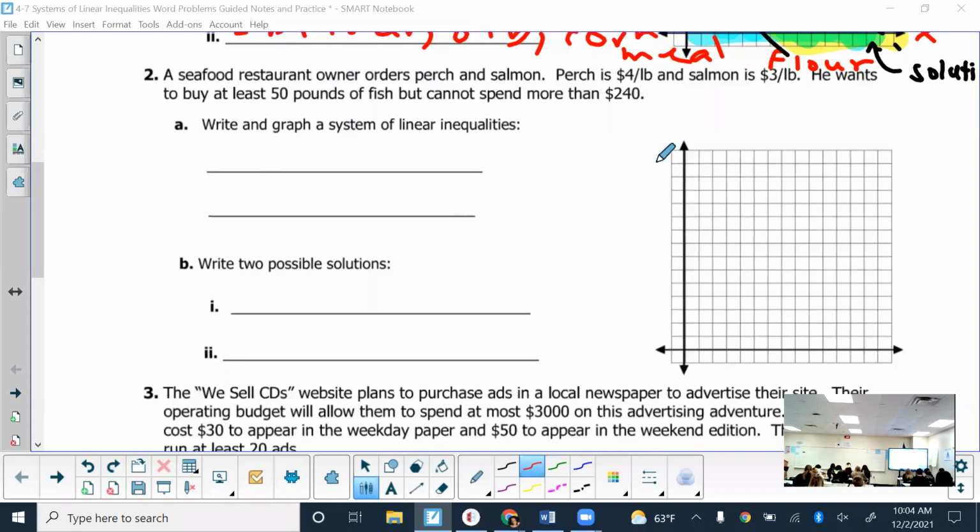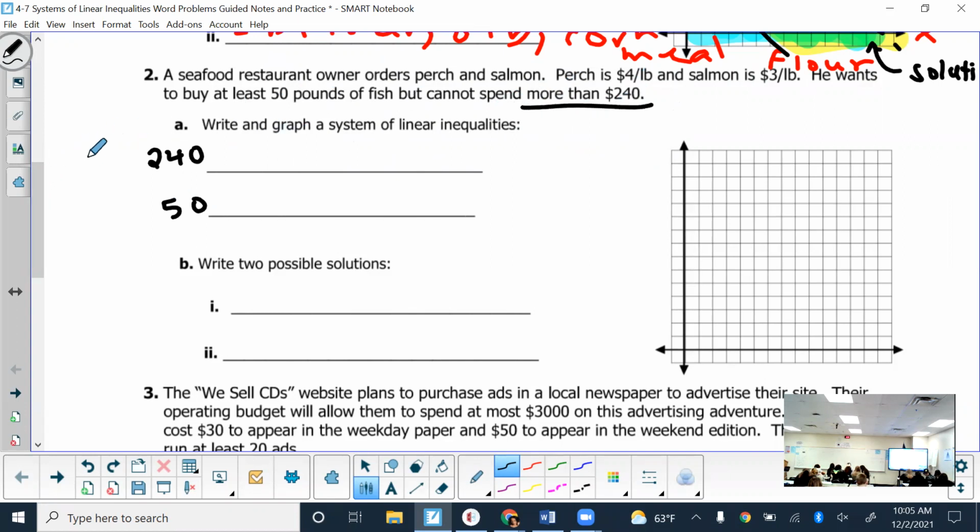So the totals are a good place to start. What are some of the totals? 240, good. And what else? And 50. I'm going to write that in here. 240 and 50. I'm kind of squishing it over here so that I have room for everything else. All right, now for the 240, we cannot spend more than 240.